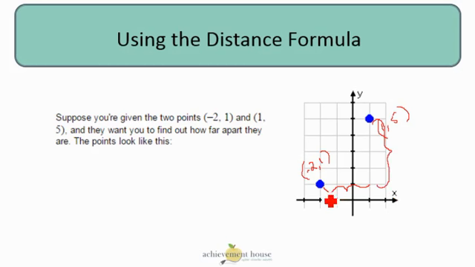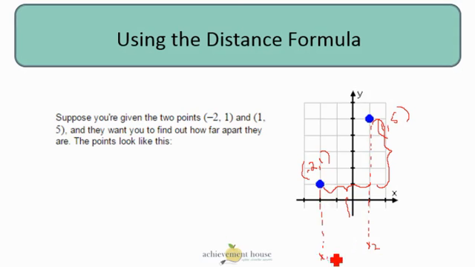So here, from here to here, we have x2, right? This is our x2 coordinate. It's actually x1 minus x2, sorry, I messed up.